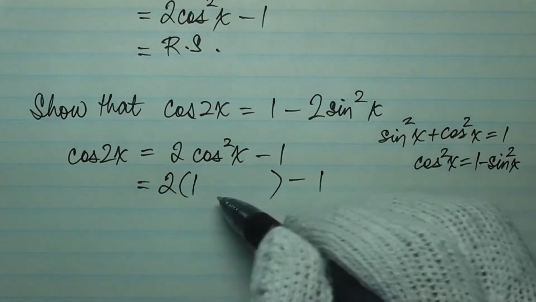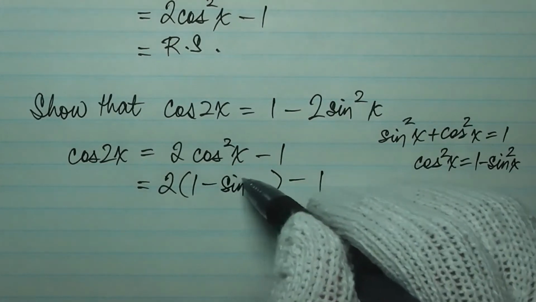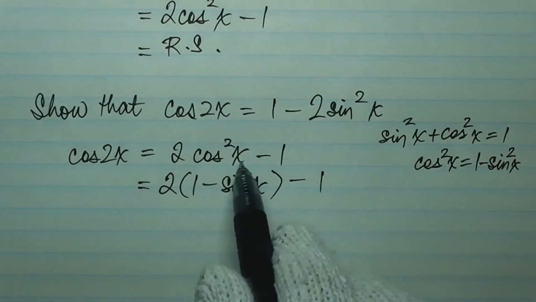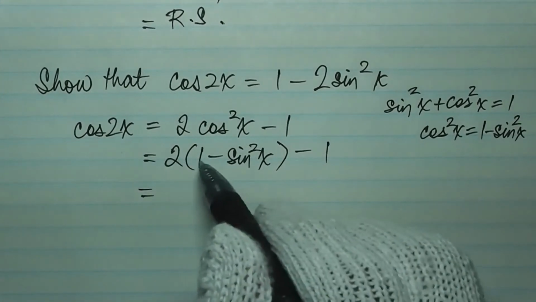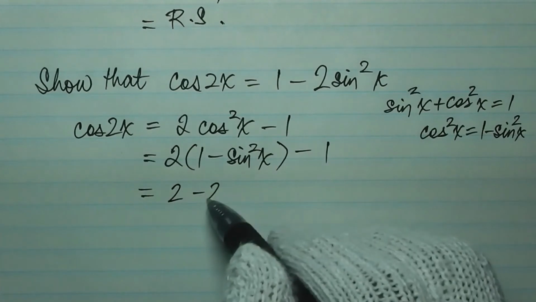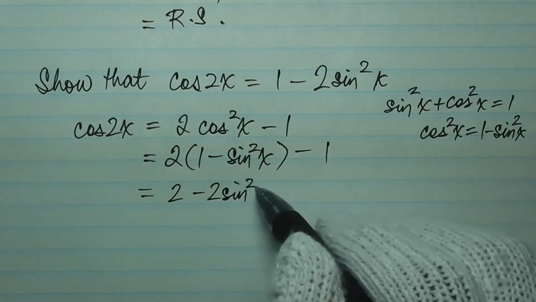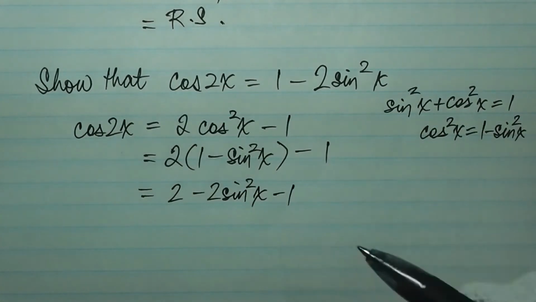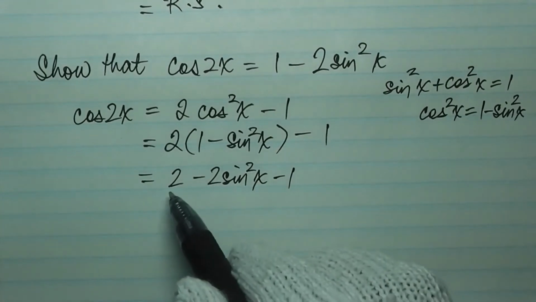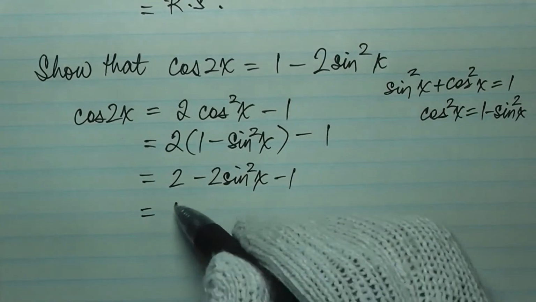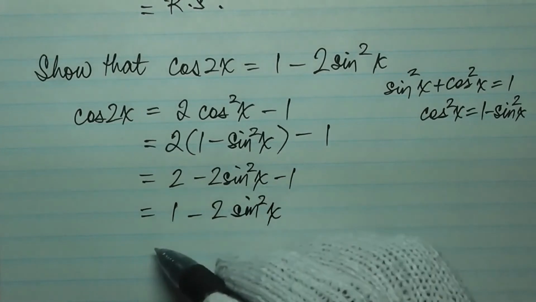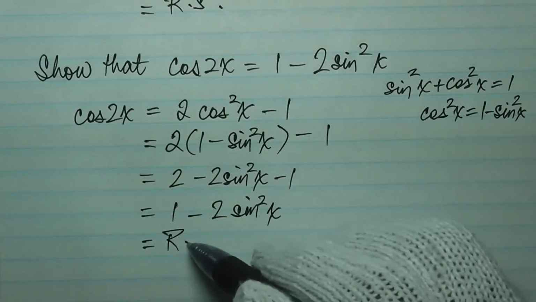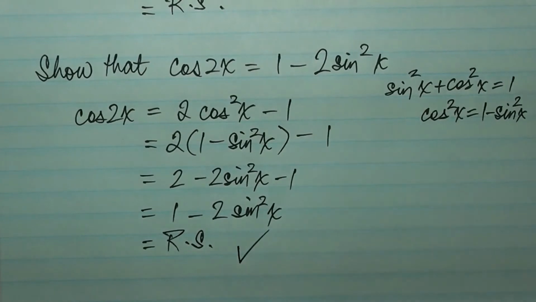So I'm going to put that into here. So I replace cos squared x with 1 minus sine squared x. This is going to give me 2 minus 2 sine squared x minus 1. 2 minus 1 is 1, minus 2 sine squared x, which predictably is the right side.